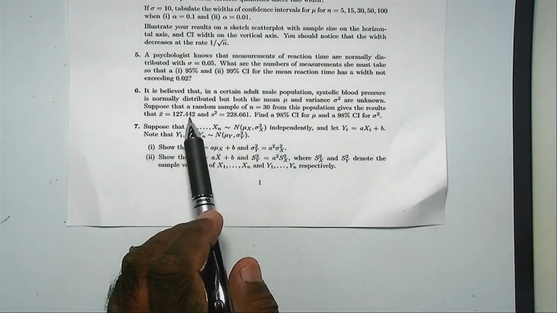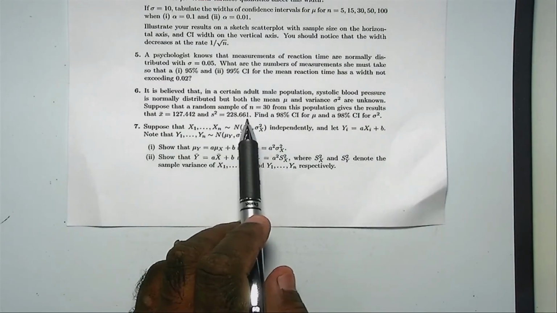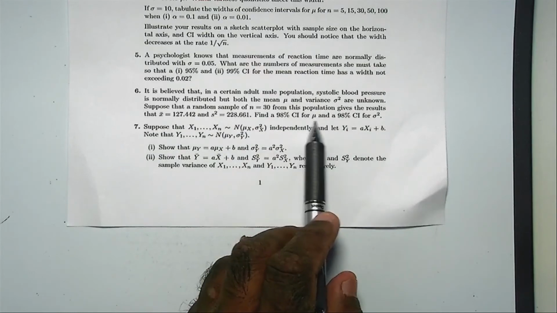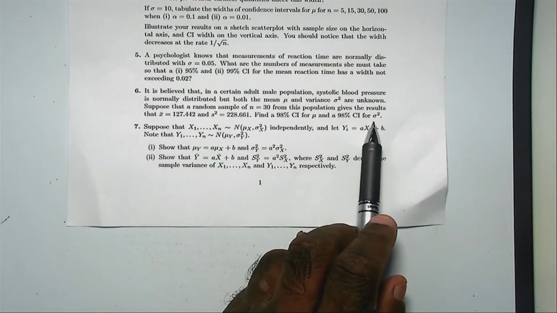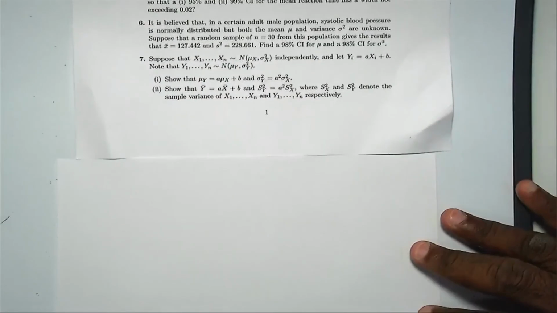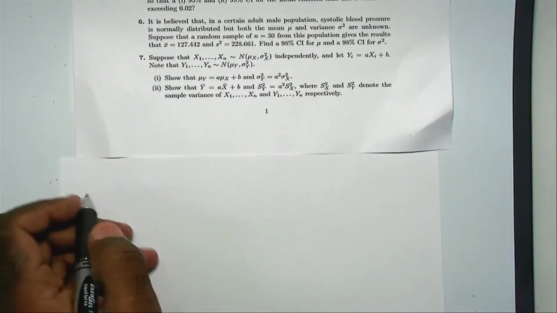With sample mean, this is the sample variance. You want to find a 98% confidence interval for mu and a 98% confidence interval for sigma squared. Right. Okay, so in this case, let's start with the confidence interval for mu.